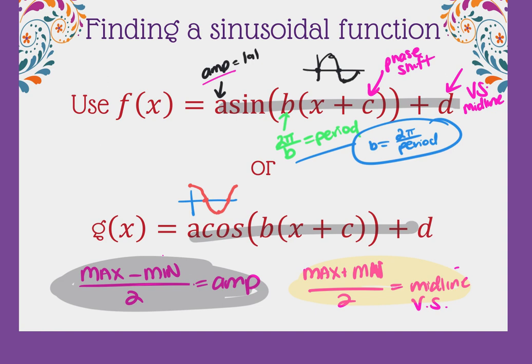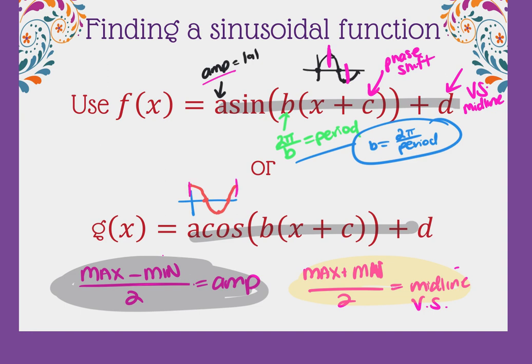Another thing that's going to be helpful is when we talk about our maximums and minimums and when these occur. Whether it's sine or cosine, your max points and your min points are always half a period away.